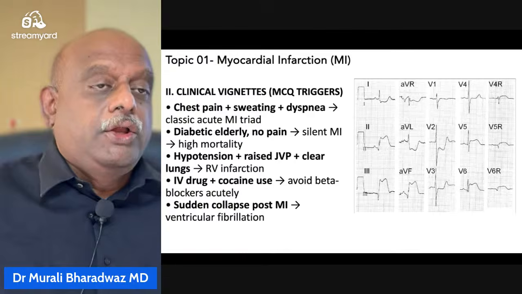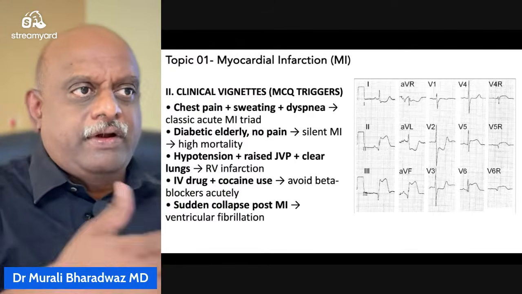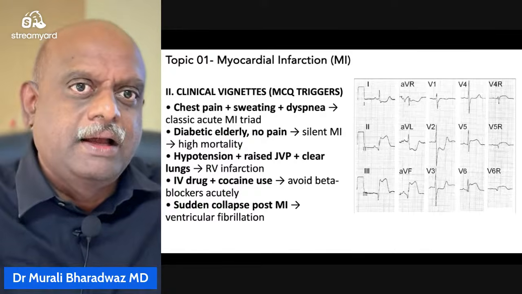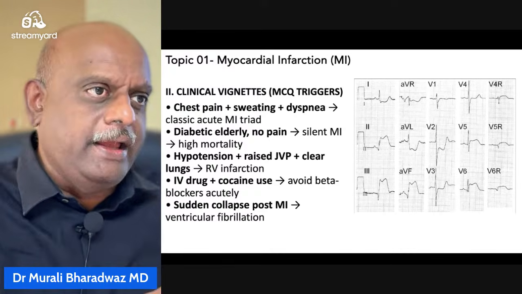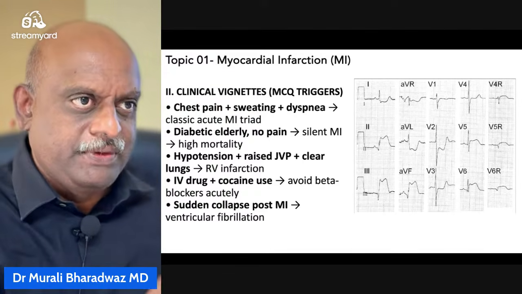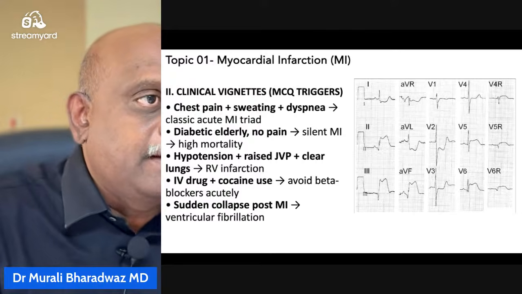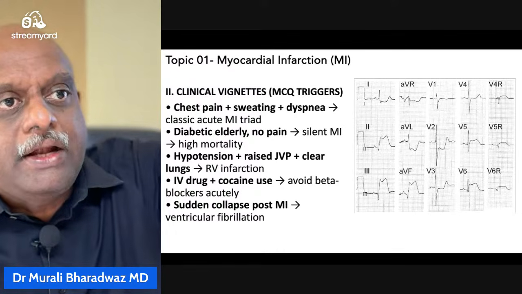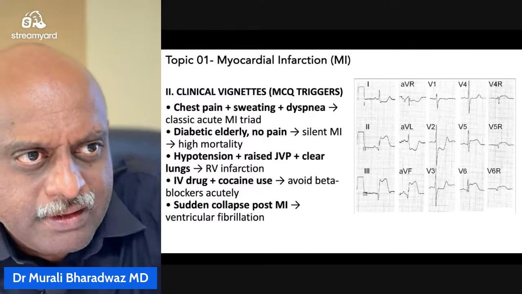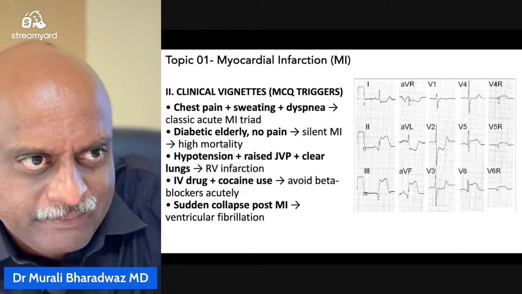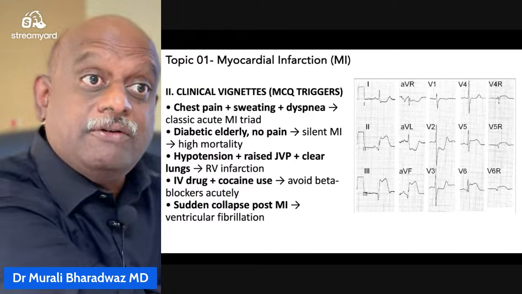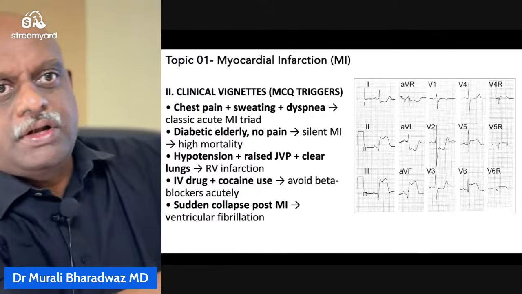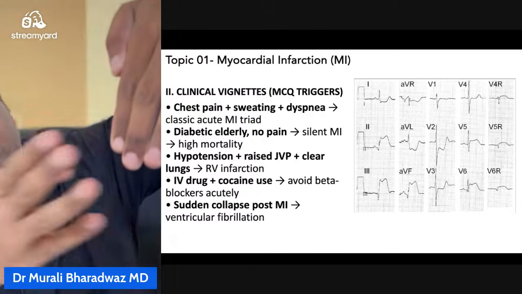Similarly, you have a left ventricle, right ventricle. Left ventricle pumps into body but receives from lungs. Right ventricle receives from body and pumps into lungs. So when left ventricle fails, lungs cannot drain into left atrium. That's the reason the lungs develop congestion and pulmonary edema. Lungs drain through pulmonary vein into left atrium, into left ventricle.